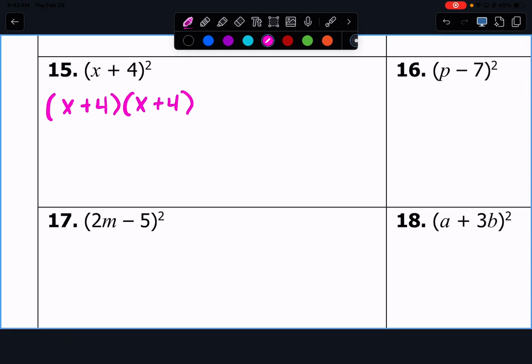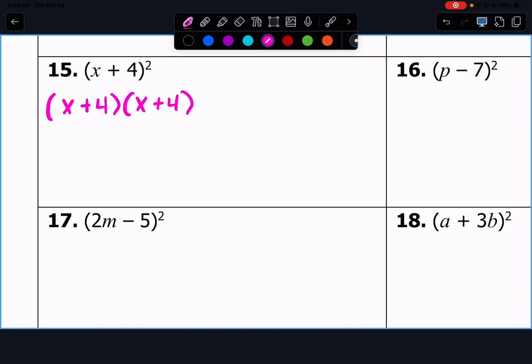We have to show that we're multiplying it by itself, because we have to make sure we're multiplying every single term. What you cannot do, I cannot stress this enough, is just say x squared and 4 squared. That will give you the wrong answer. You're missing a whole term in the middle. So we have to show that we're splitting it up like that.